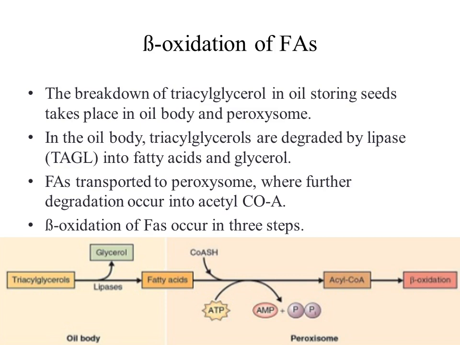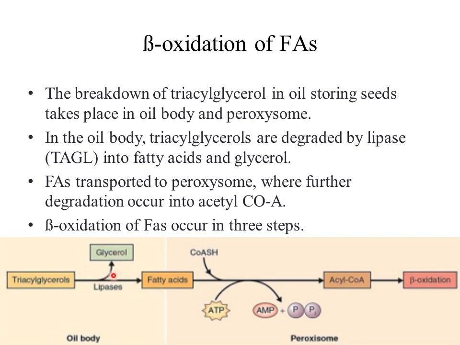And this breakdown occurs in the oil body of the oil storing seeds and in the peroxisomes. Here you can see in the figure that triacylglycerol molecule in the presence of lipase enzyme gets broken down into its components, fatty acid and glycerol.